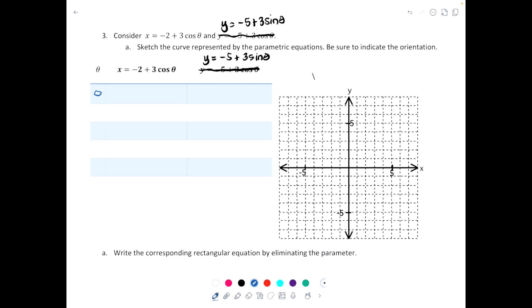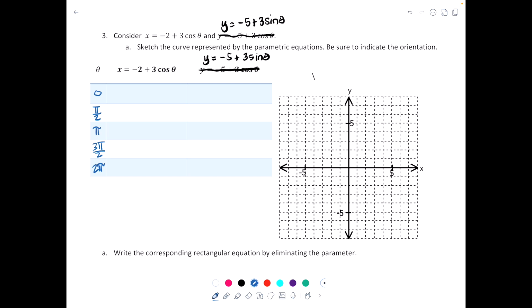It doesn't mean you can't start with a negative value. But going through to 2 pi should give us our whole graph because we have sine and cosine in here. I'm going to do the quadrantal angles to get our values, and then we'll see how our orientation will go.